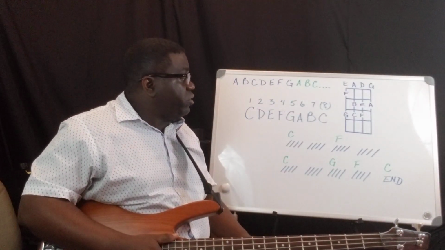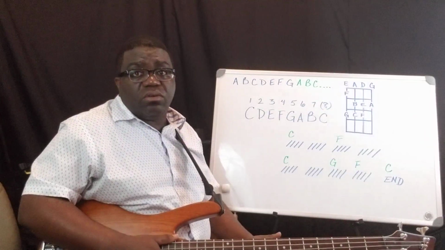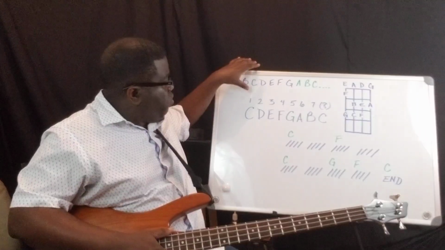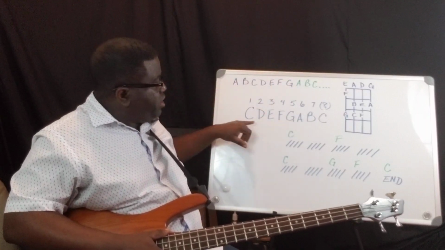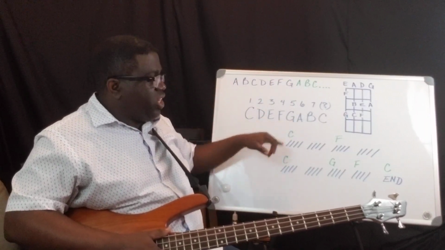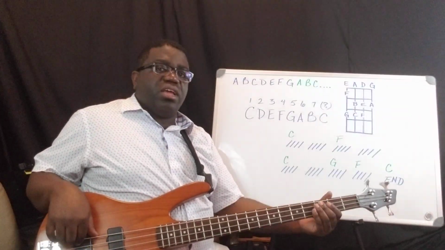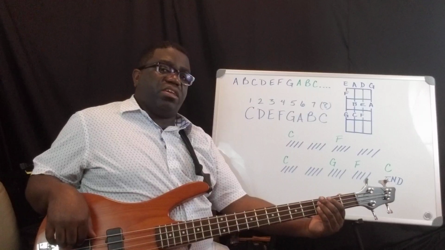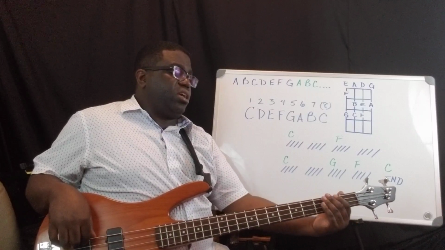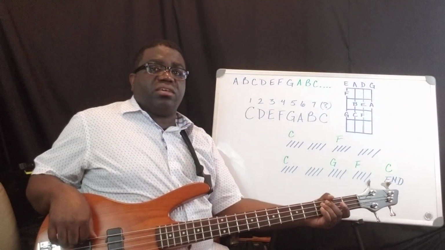A lot of times those are blues chords: the one, the four, and the five. In this case, in a C major scale, that's C, F, and G. C, F, G, F, C, F, G, F, and C.